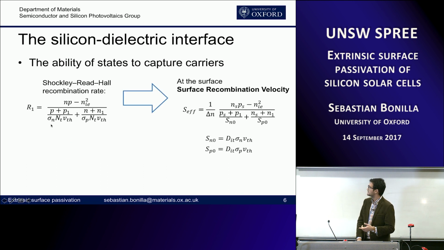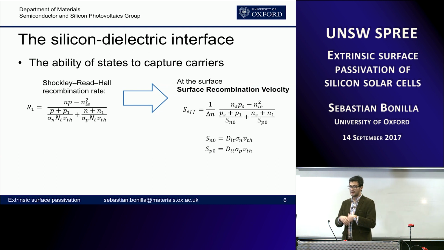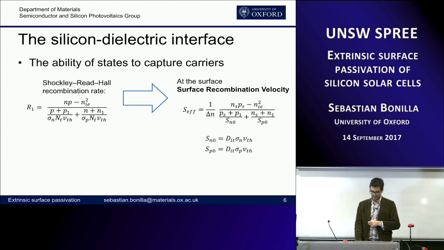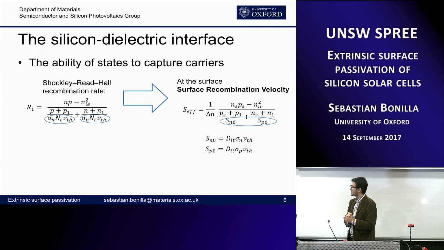So if now we go on to how this is a recombination rate on a single state, if we expand that concept to the surface of silicon, then we convert that into a surface recombination velocity. And here, instead of having a single energy density of states, we can have a semi-continuum, and we normally group that up in the S_n0 and S_p0 values, which are dependent on D_it, which are these values here.